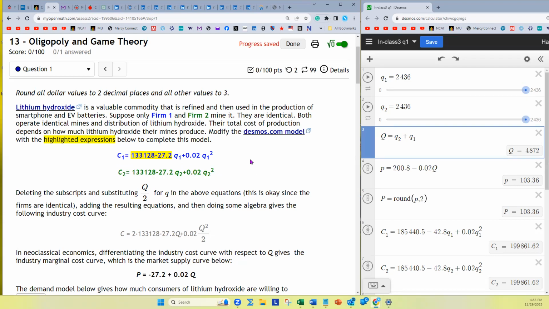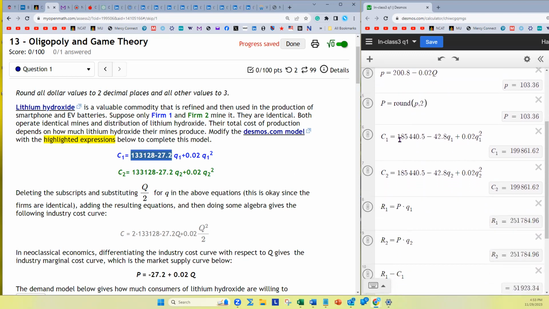So in order to do this problem, you've got to modify this Desmos.com model, which is over here. To do that, you copy the highlighted mathematical expressions to the Desmos model. If I've got to find cost one and cost two, I'm going to replace this part of the cost equation with my versions of it.